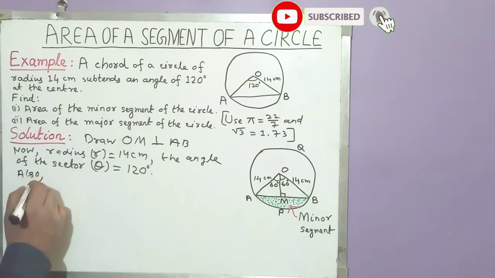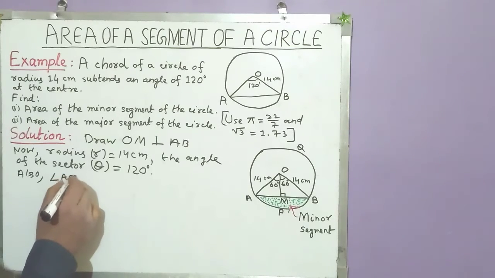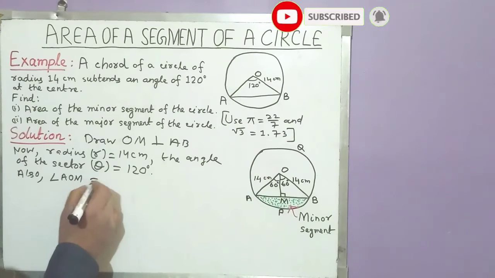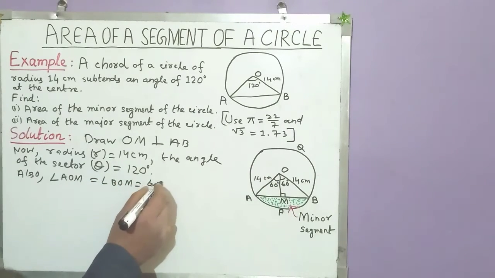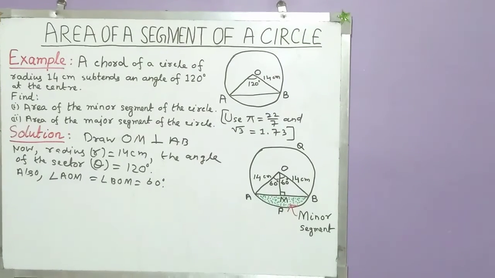Also, angle AOM equal to angle BOM, that equals half of angle of sector AOB, that equals 60 degree.